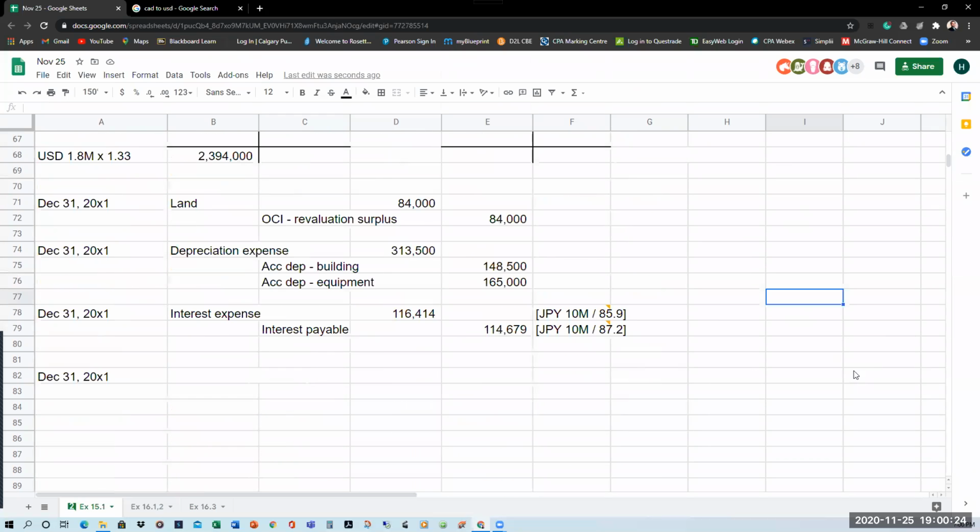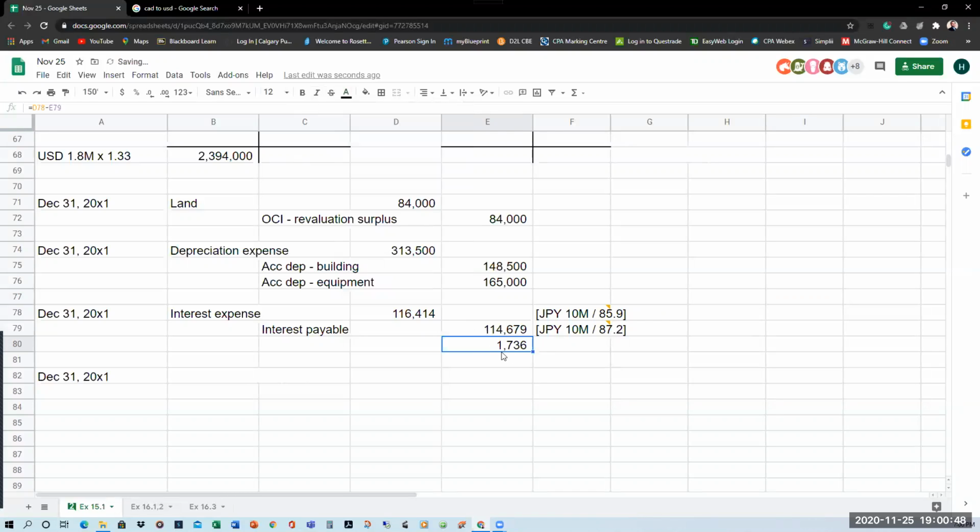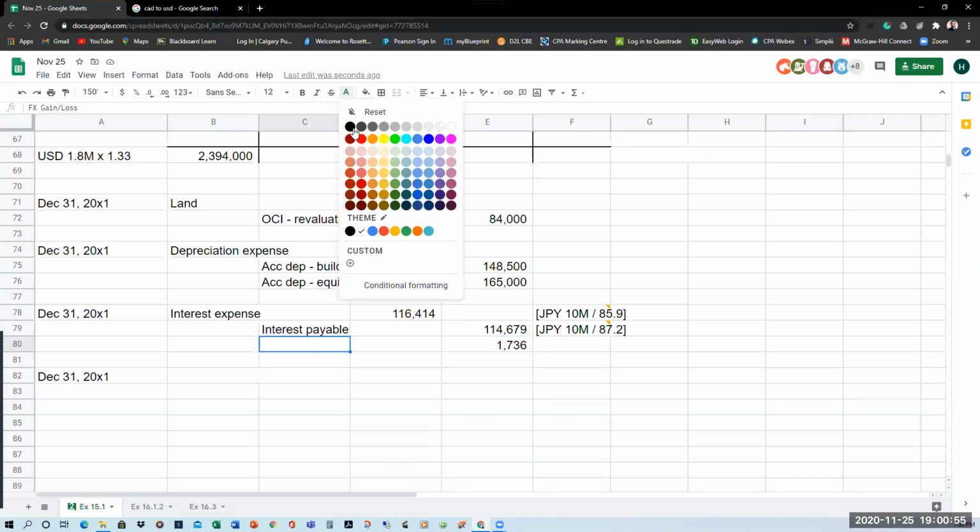So when you divide by the 87.2, you get interest payable of 114,679. The expense was converted using an average rate, and the payable is translated using the closing rate. Now, there is a difference between these two amounts. The difference is a credit of 1,736. That credit difference is basically nothing but an FX gain.